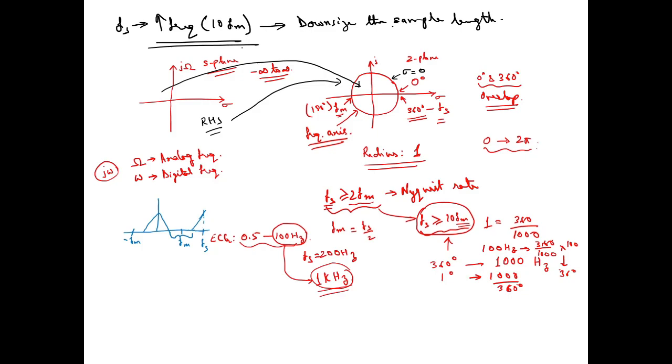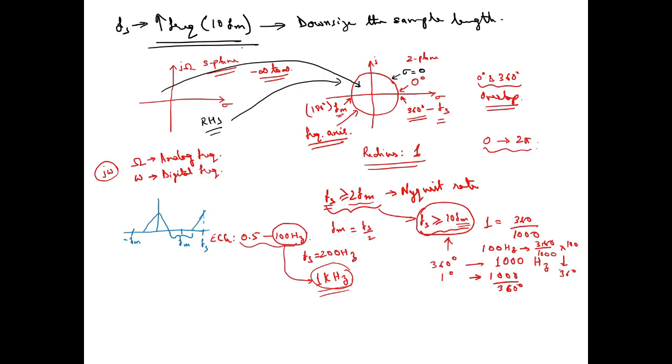We discussed decimation. So downsize means we decimate the signal at a particular rate.